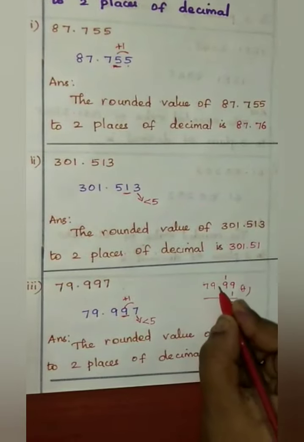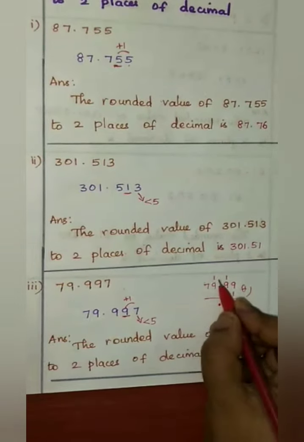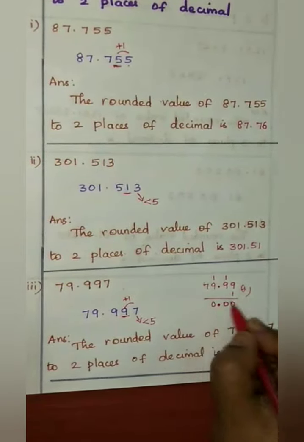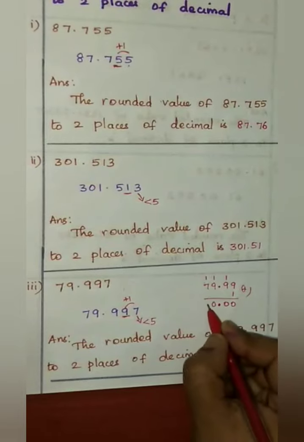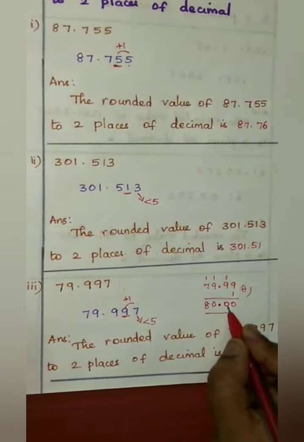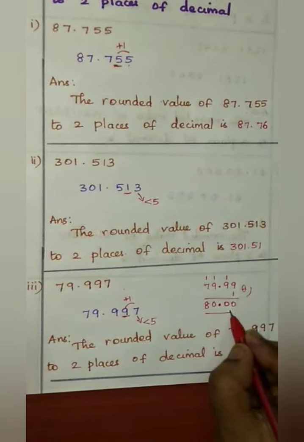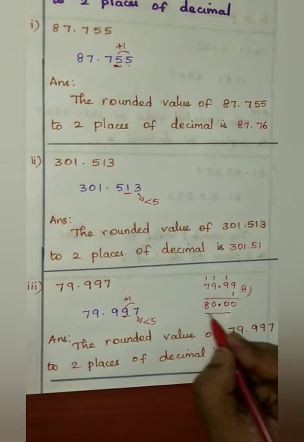Again 10. And keep this decimal point here. Then again add 1. 1 plus 9, 10. 1 plus 7, 8. See here we get 2 zeros after the decimal point. As I already said, if you get only zeros after the decimal point, it has no value. So the answer is 80.